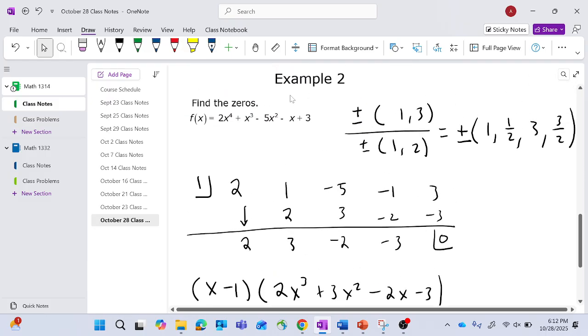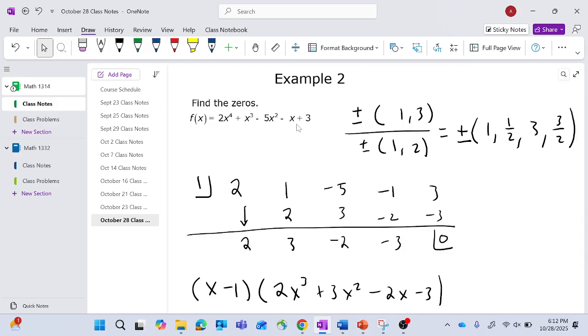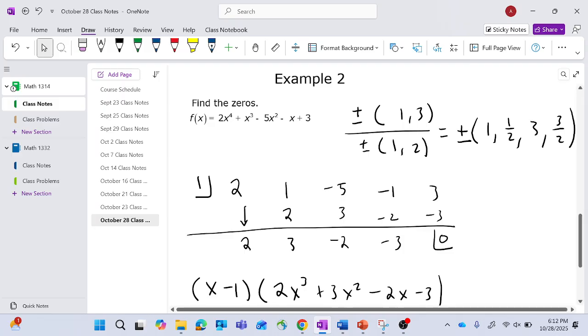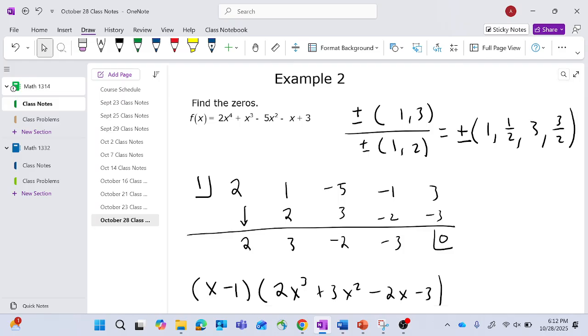In this case, from the very beginning, 2x to the 4th plus x cubed minus 5x squared minus x plus 3, you can't use the quadratic formula or complete the square or anything like we learned before because it's not a quadratic. It's to the 4th power, not the 2nd. So because of that, we use this theorem. We're trying to solve for x. We're really trying to solve for its factors. We're trying to factor it all the way down, which is kind of the same thing.